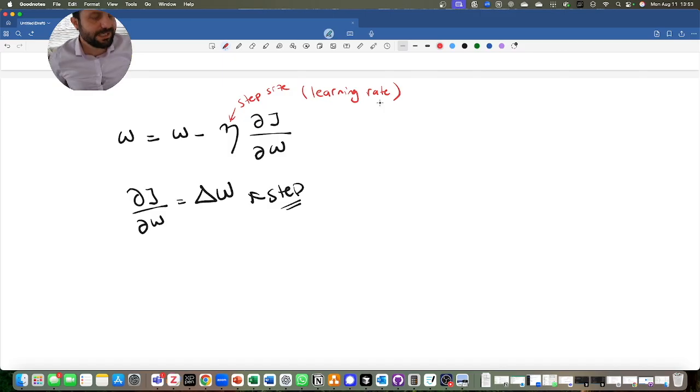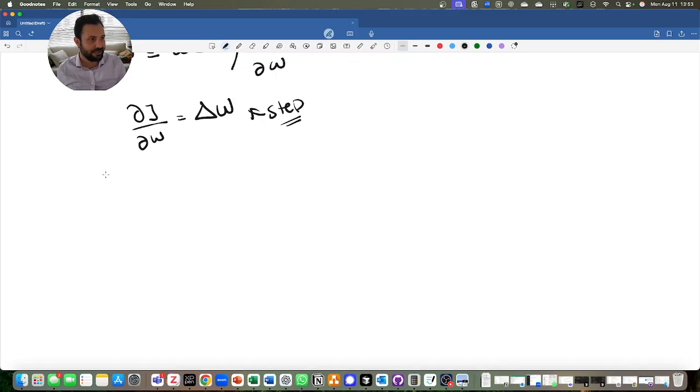Right. So step size actually decides how much of a step you would like to apply when you're moving. So let's go ahead and calculate our step. Then we should be done for two classes and mean squared error.